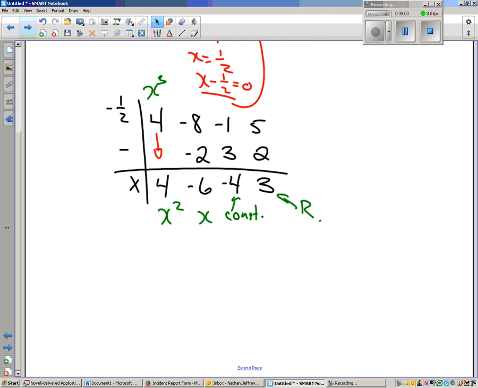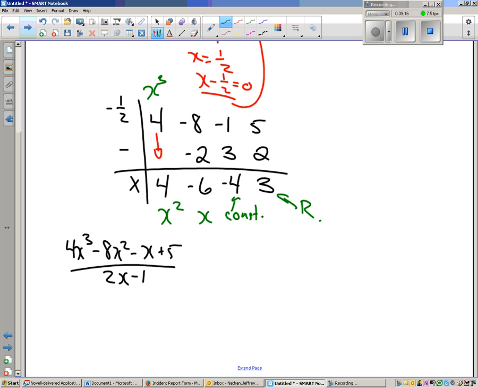Okay, so we can say that 4x cubed minus 8x squared minus x plus 5 divided by 2x minus 1 equals 4x squared minus 6x minus 4 plus 3 over 2x minus 1. So we can write a division statement from the start of the unit. This one didn't factor perfectly, so we can't get our zeros for this one. But if you did work it out, it can work out that way.